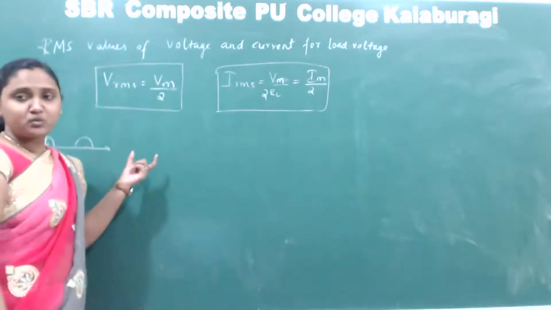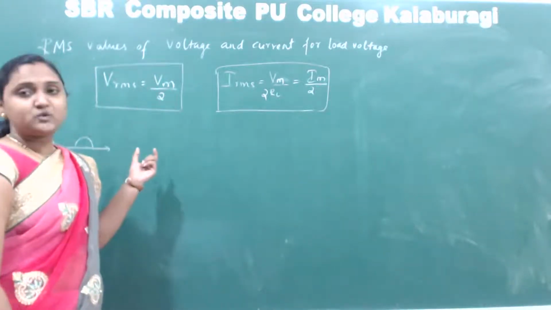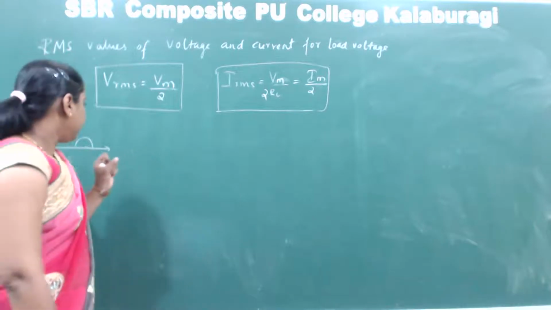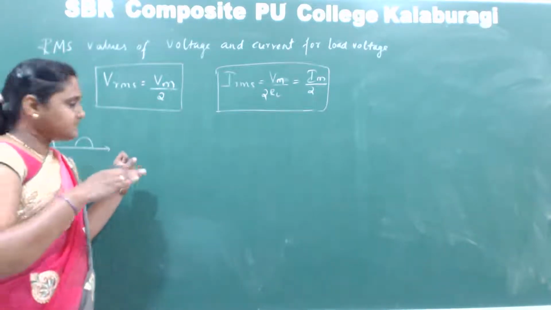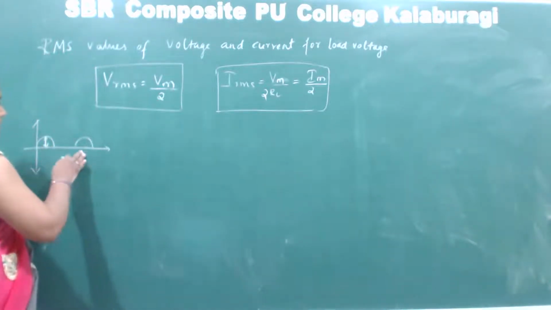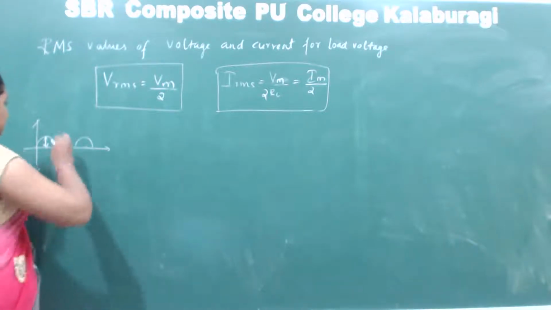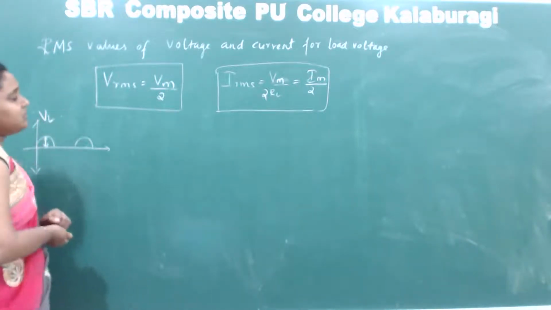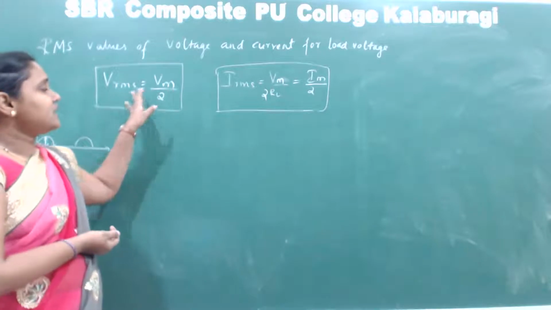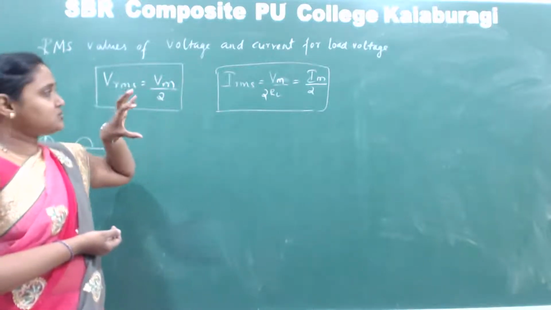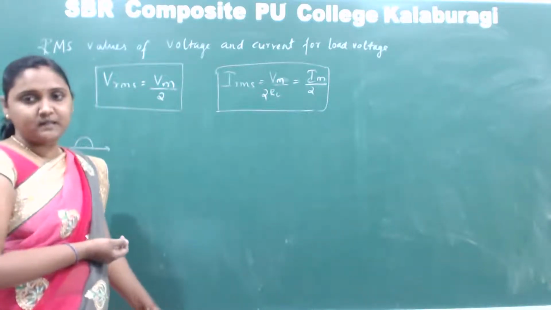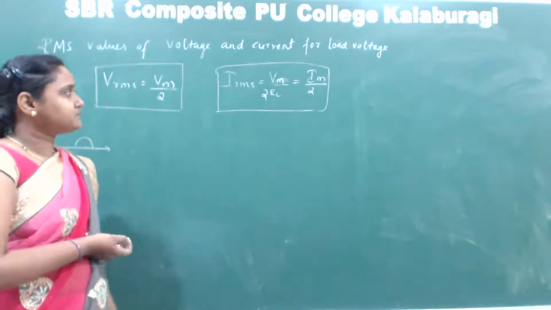So all these parameters, voltage and currents, are with respect to the load voltage. It is not with the input complete sine wave. It is with only the positive cycles, called VL, load voltage. All these average and RMS values are with respect to the load voltage, that is the output.